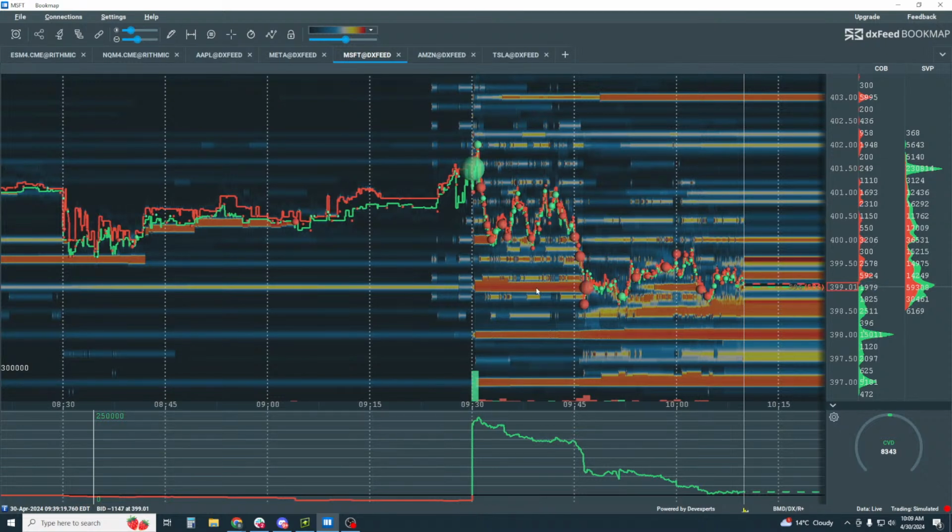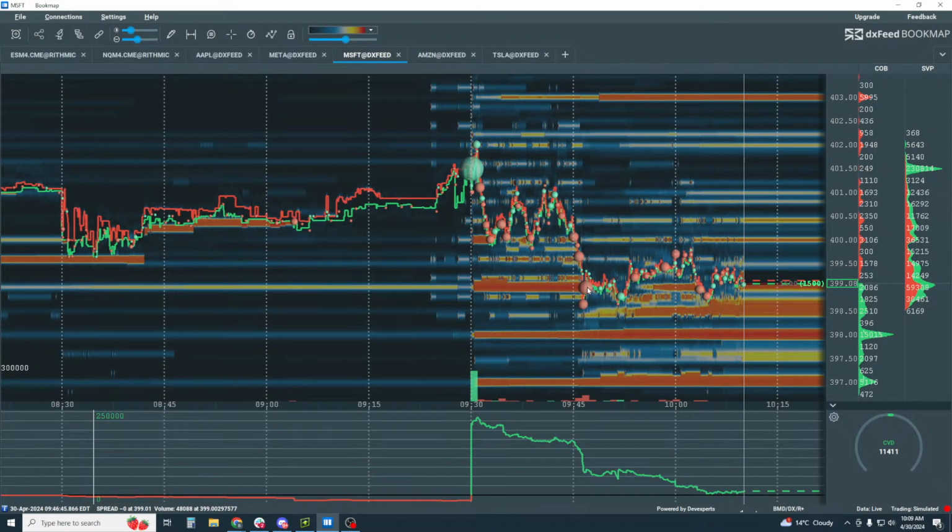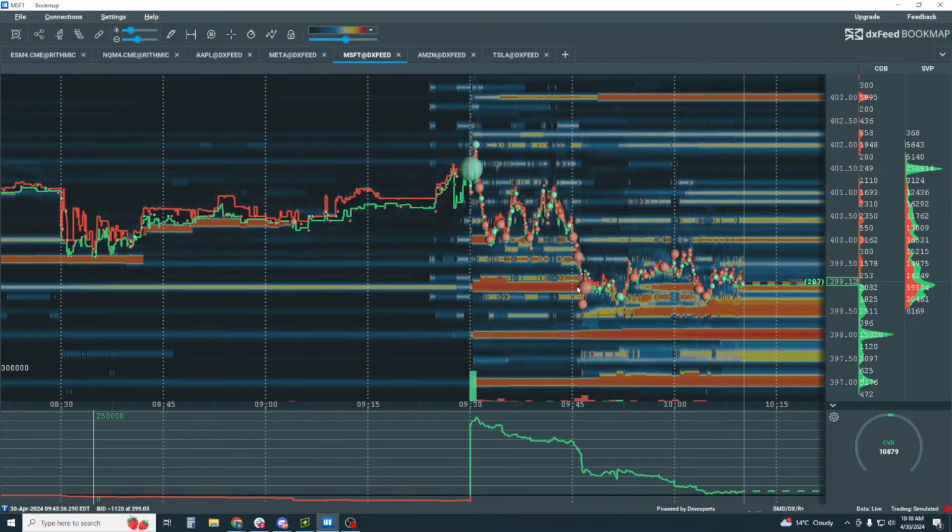So for Microsoft, for example, they bought it up. It went a little bit further below it, but it's been bouncing ever since, and has really not gone lower below that 399 or 400 price level. It's kind of bouncing around that area.